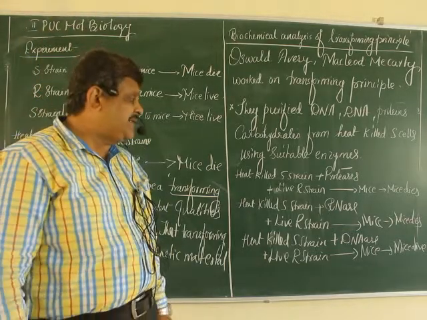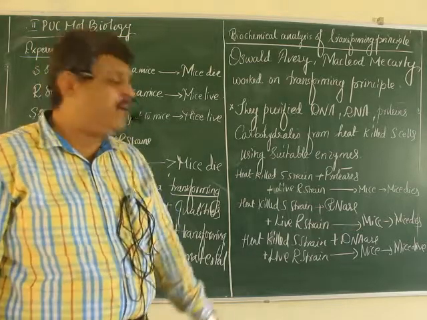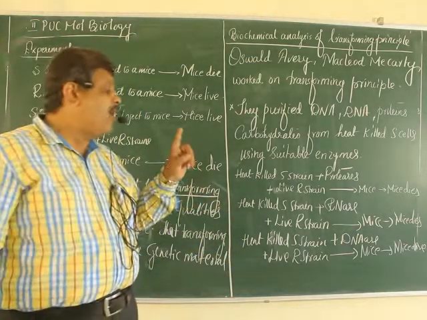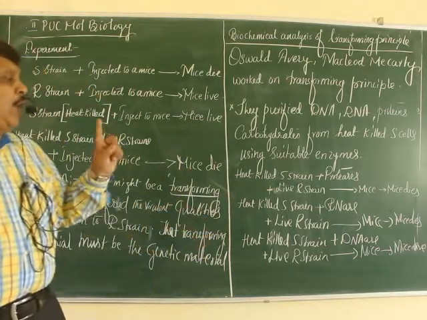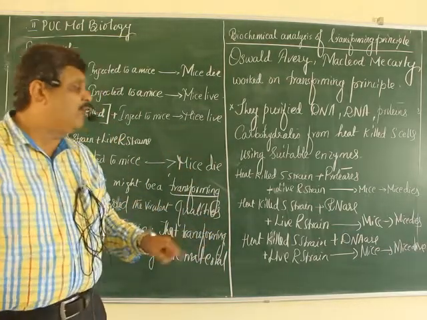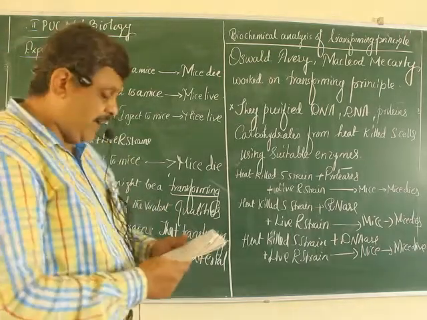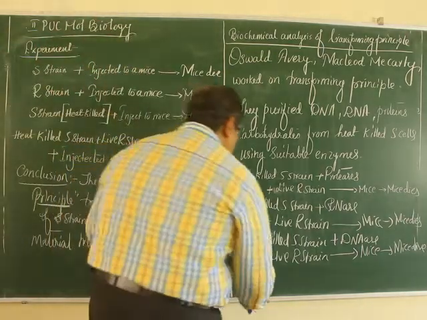Because of this, it has been confirmed that the actual cause for the transformation of the non-virulent R-strain into the virulent form was DNA. And they concluded that DNA is the genetic material.